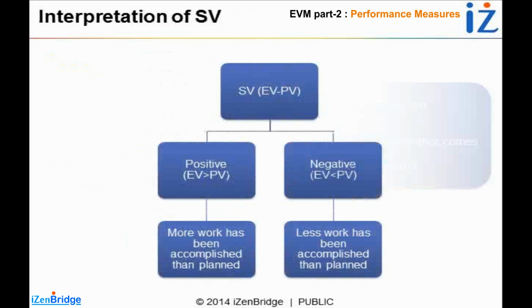When we look at SV-based performance, we only look at how much work you should have finished by this point in time. I answer 40. What have you done till this point in time? I have done 50. It's positive, which means you have accomplished more work than planned. But in our project, I have done 30, so it's negative. EV is less than planned value, so I have done less work than initially planned.